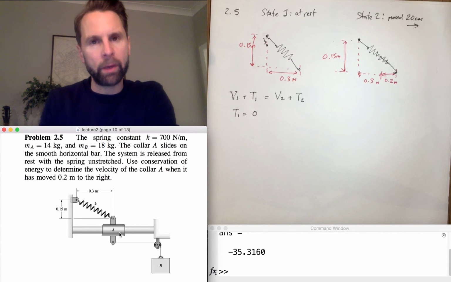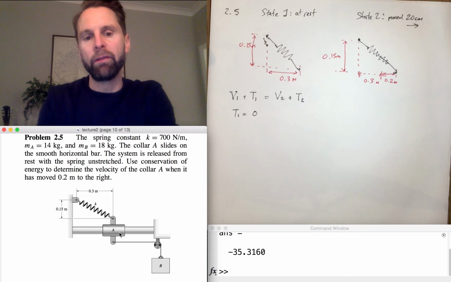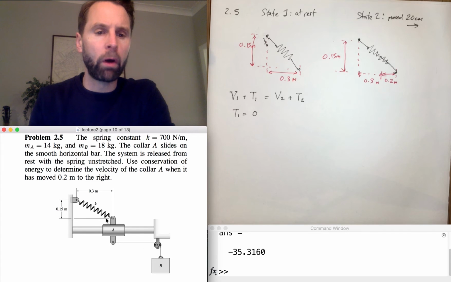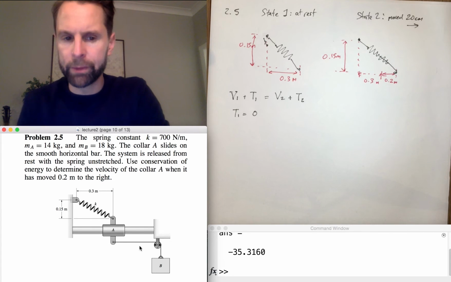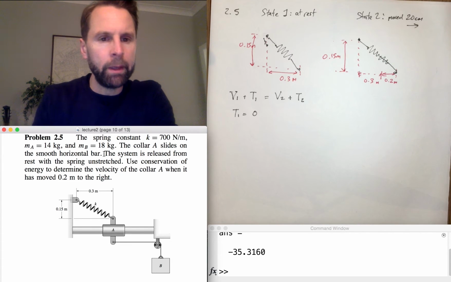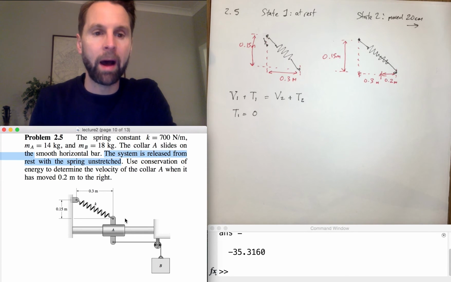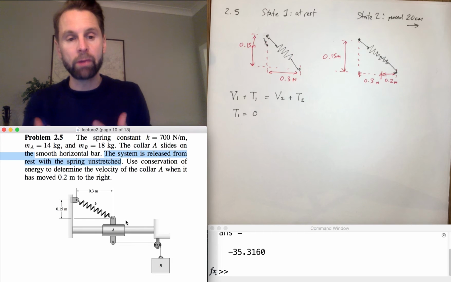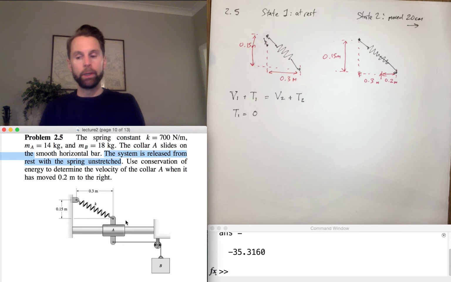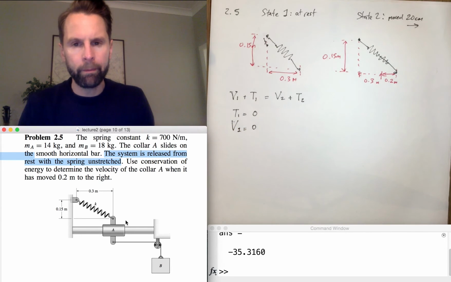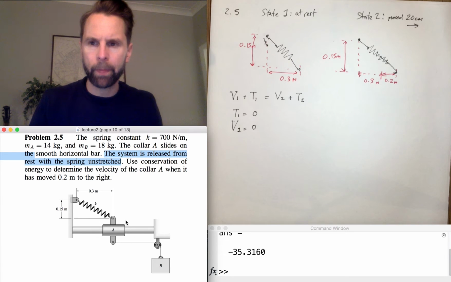So in other words, we can define the elevations of each of them as being 0 in both cases. So the potential energy of the masses is 0 in state 1 too. And also from the question, it says the system is released from rest with the spring unstretched. So that means that there's no stretch in the spring, so there's no stored energy in the spring either. So potential energy at 1 of the system is 0.